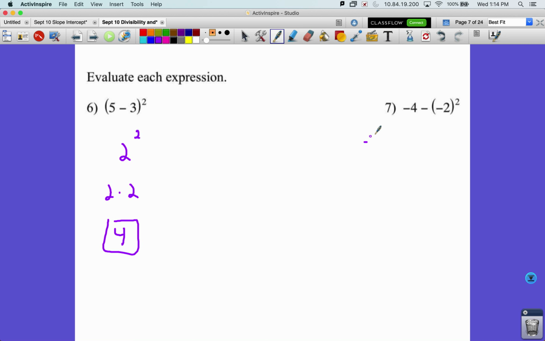So this just becomes negative 4 minus, and I might keep this in parentheses, negative 2 times negative 2. Turn that into negative 4 minus, still in parentheses, negative 2 times negative 2 is a positive 4. Now maybe I can drop the parentheses. Negative 4 minus 4 is a negative 8. That was a tricky one.